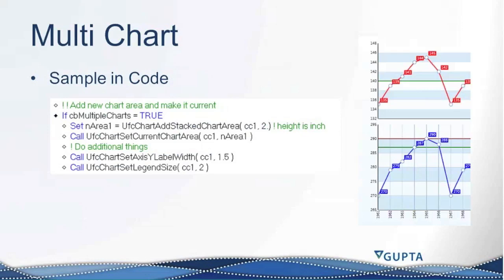And then I can do additional things like with the chart set axis Y label width or legend width to align the y-axis, or to do additional things to pass information, maybe change some values, create colored zones for the different chart areas. So at this point, you have one control and the possibility to have more than one charting area, painting area inside this chart control.